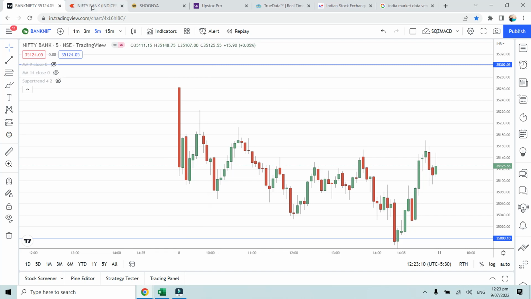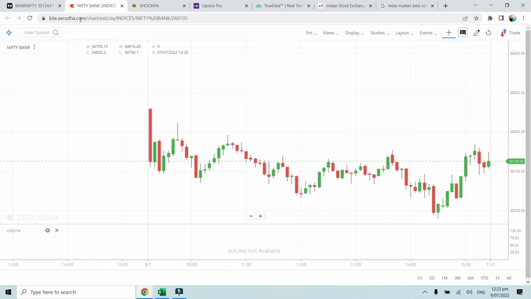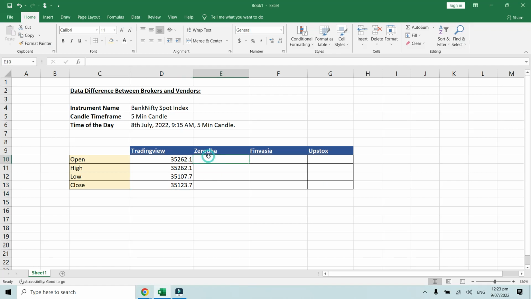Now let's go to Zerodha. This is Zerodha Kite, as you can see. We will see the 5-minute candle values of Zerodha on 8th of July, as we see over here at the bottom, and we will see the open, high, low values. This is the Nifty Bank Spot Index, not future, this is Nifty Bank Spot. Over here the open value of the 9:15 candle is recorded to be 35,258.9.